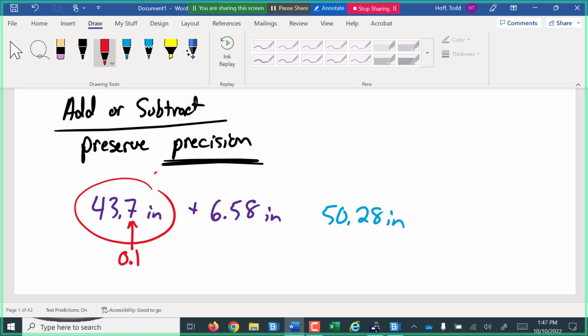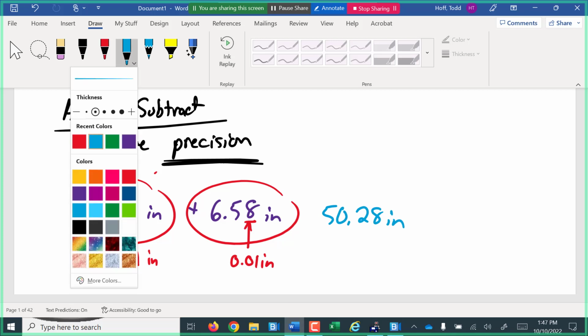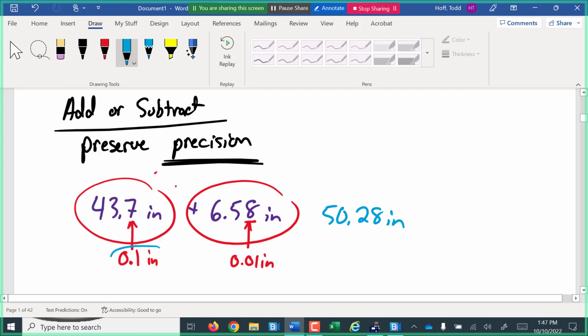That's the tenth. So that's precise to the nearest tenth of an inch. How about this number? What's its precision? Nearest hundredth of an inch. Which one is less precise? The tenth of an inch is less precise.